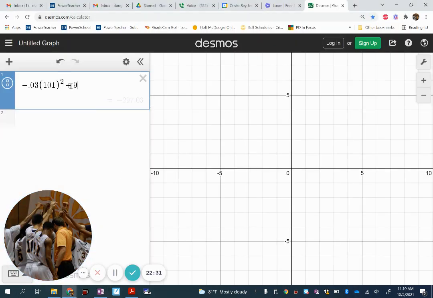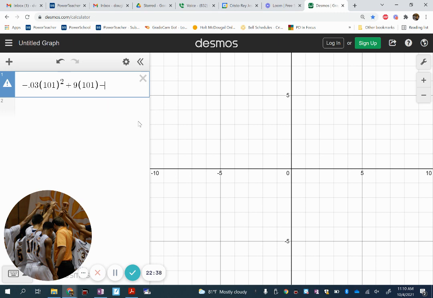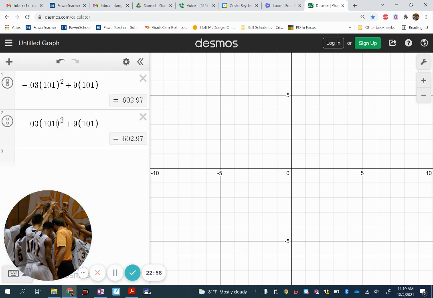Plus 9 times 101 minus, let's put this all in parentheses. I'm just going to do it one at a time. There we go. Okay, got one number. Let's do the same thing. I'm going to copy it, so duplicate the line, and now I'm going to change it to 100.